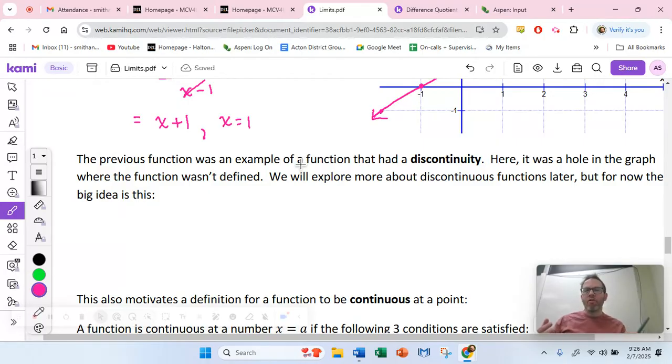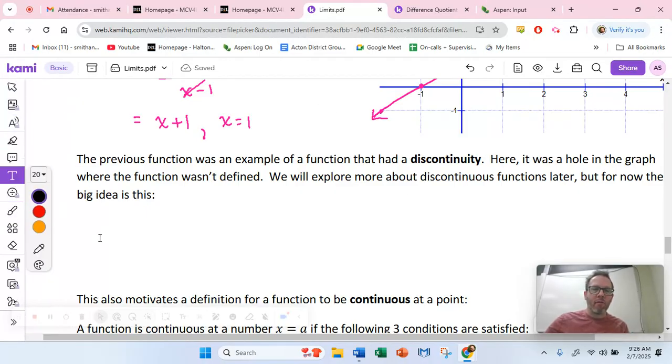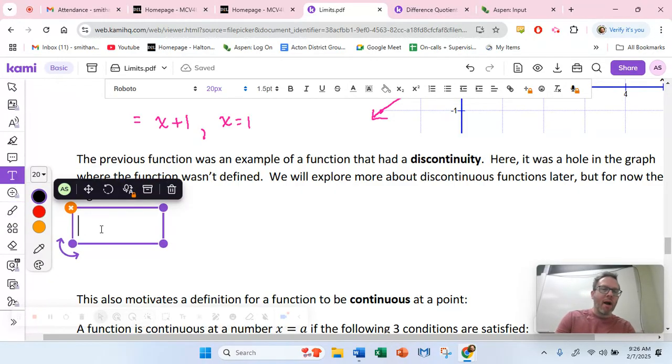So this function here is an example of a function that had a discontinuity, and it was a hole here where the function wasn't defined. A few lessons down the road, I'll give you guys a formal definition of what it means for a function to be continuous. But for now, you guys can just jot this down.